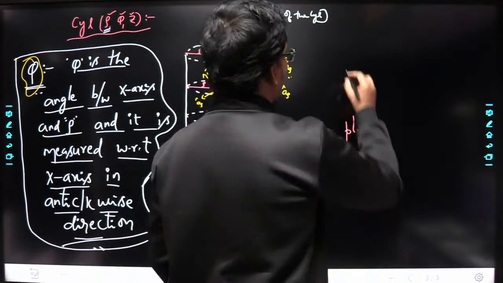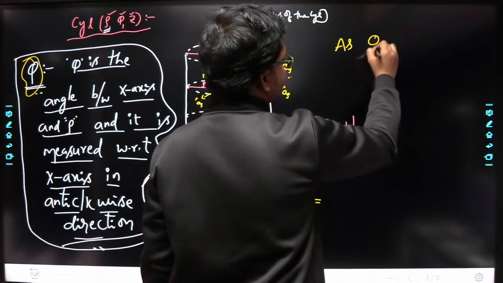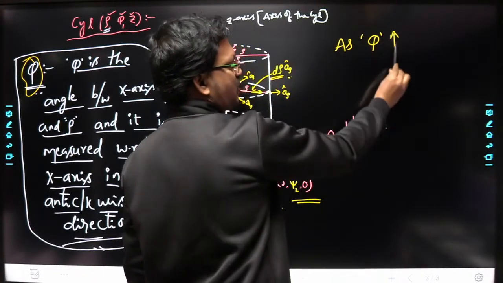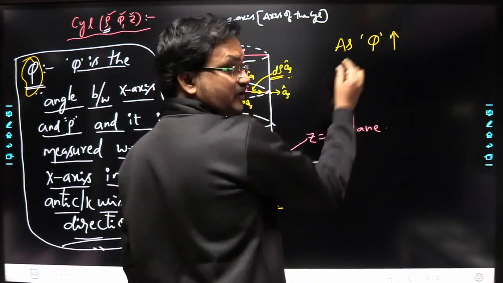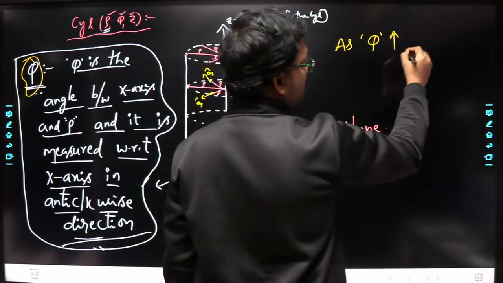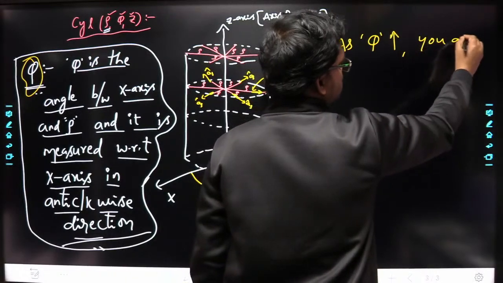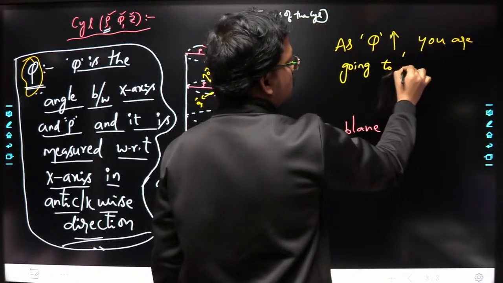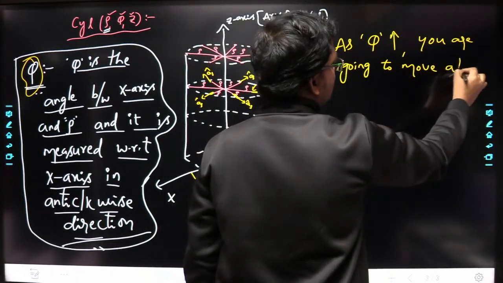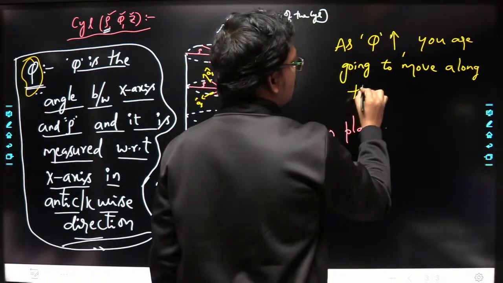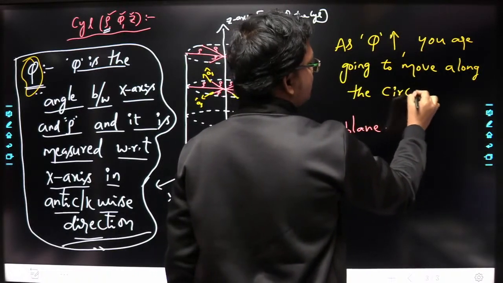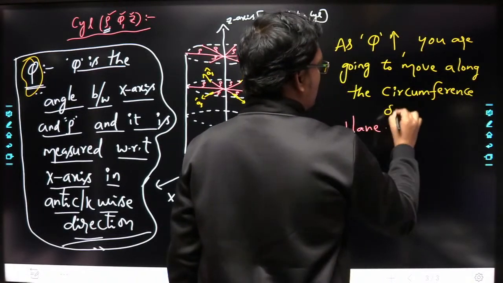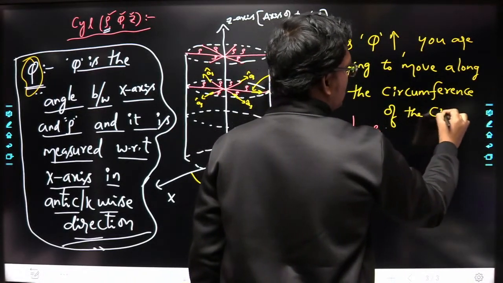So note down that point here. As phi varies, or as phi increases, and this arrow mark represents phi increasing, you are going to move along the circumference of the circle.